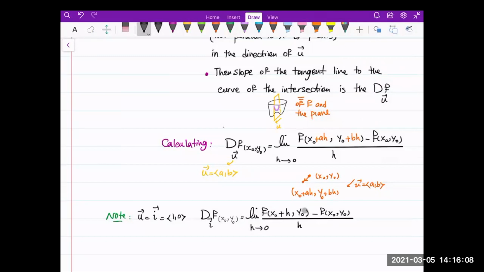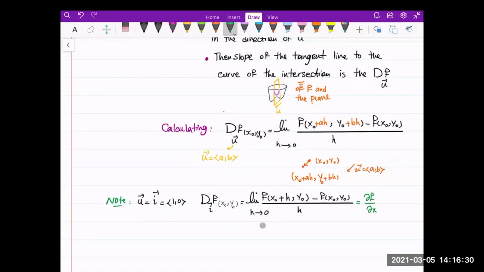As you see here, this is basically the partial derivative of f with respect to x, because y is fixed and x is changing. Okay, so that is nice. If we take the directional derivative in the direction of i, we get the partial derivative with respect to x.